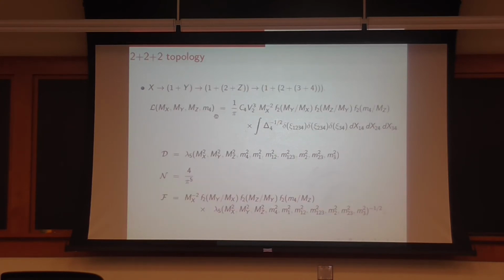Okay, let's go to 2 plus 2 plus 2. Again, applying that, as I said, there are 3 delta functions, one for each vertex, and 3 integrals. And the integral is simple. You can write down the final expression in terms of these lambda 5s.